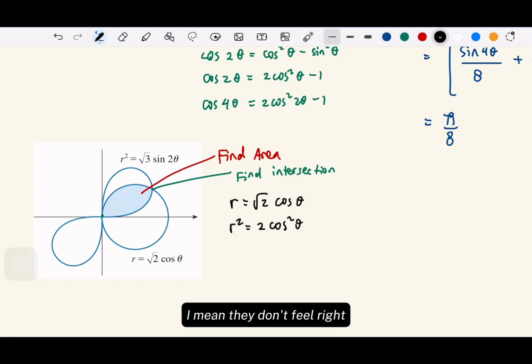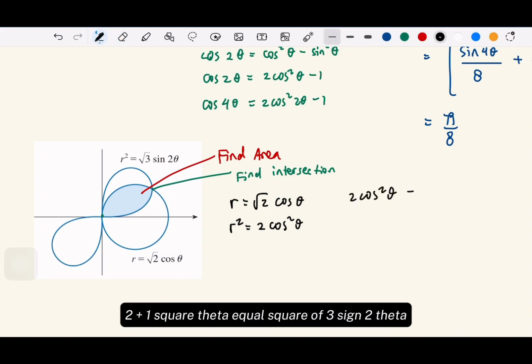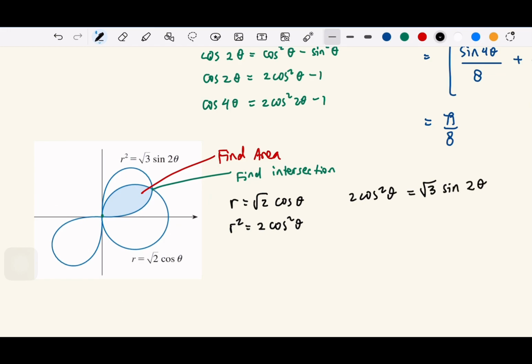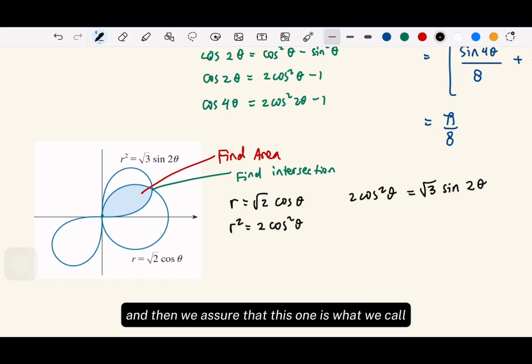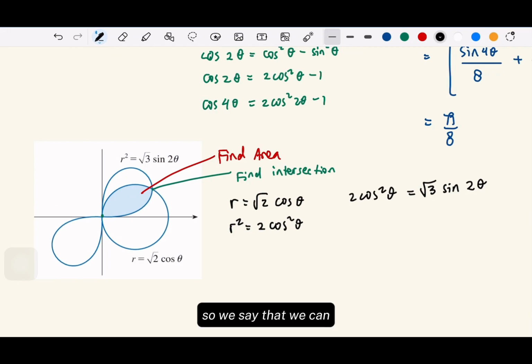I will directly write 2 cosine squared theta equals square root of 3 sine 2 theta. We are sure this is the first quadrant, where sine and cosine must be positive values, so we should be safe if we don't worry about negative values. If we make sine 2 theta become 2 sine theta cosine theta, we can cancel this cosine, right?